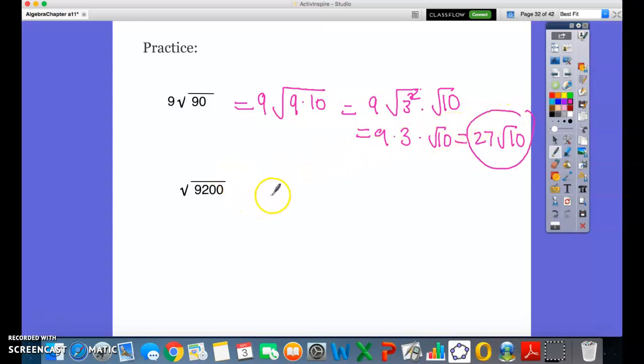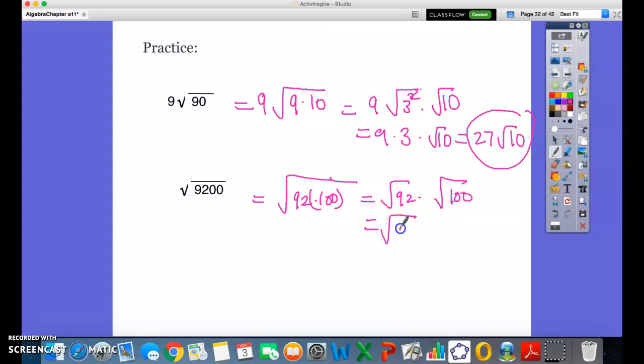So I have 3 times square root of 10, or you can say 27 times square root of 10. Now, square root of 9200. I can write this as 92 times 100. This will be square root of 92 times square root of 100.